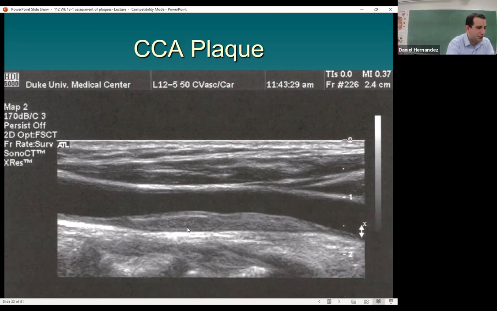This homogeneous area within the medial layers is what's called a fatty streak. As that plaque starts to age and progress, it can start to bleed and then become more ulcerated and heterogeneous. So early in the stages of plaque formation, when the plaque is first starting to form, we call it a fatty streak. That's more plaques that are homogeneous and smooth like this.